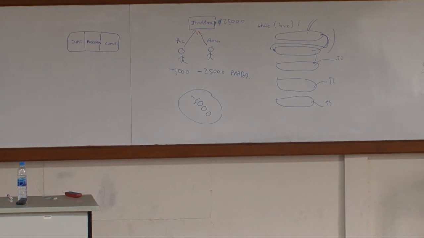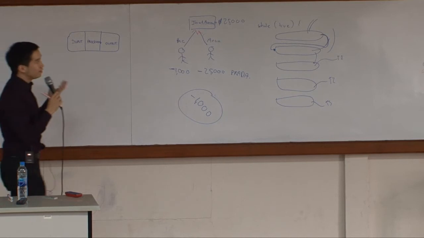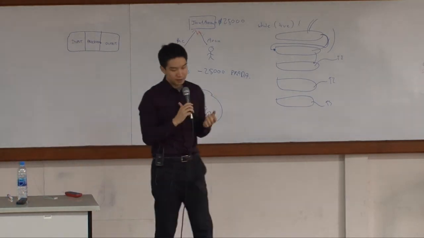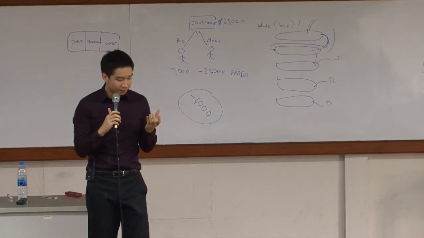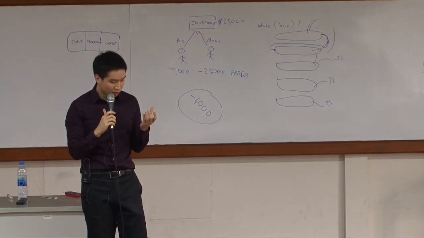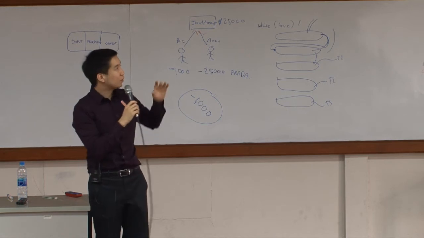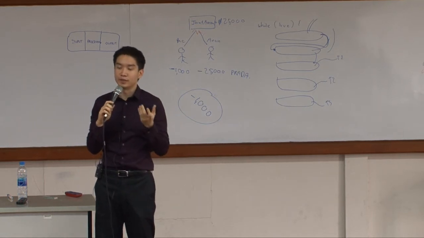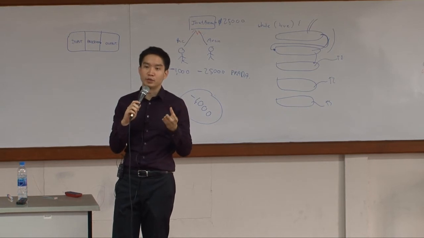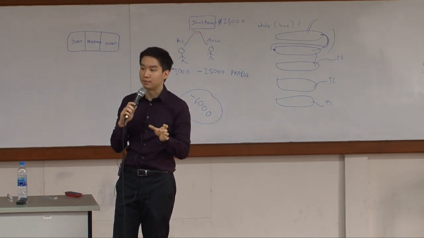So the race condition, formally defined, before we define what it is, I want to talk about the sort of symptoms that you see when you run into a race condition problem.